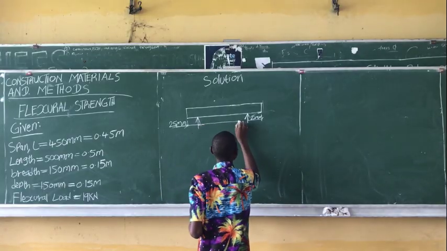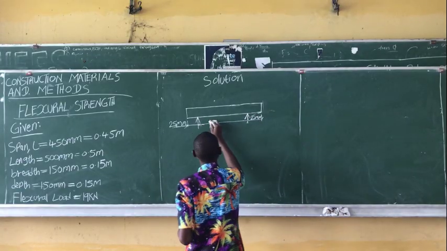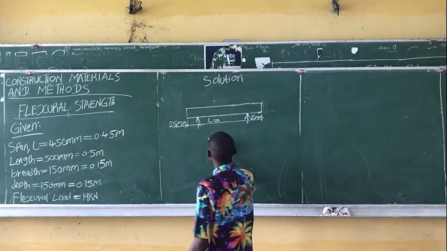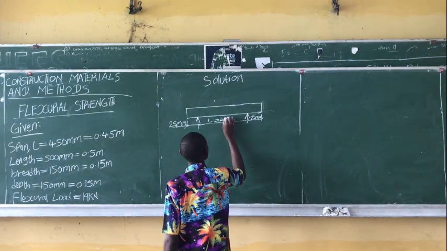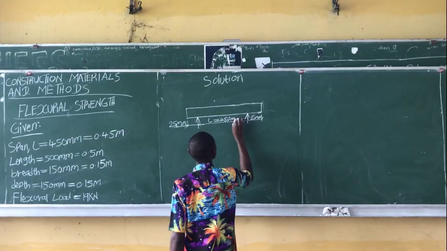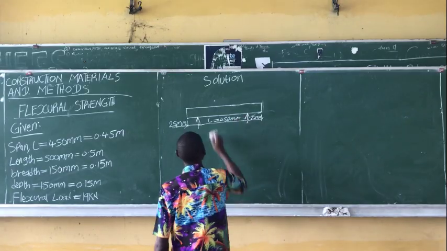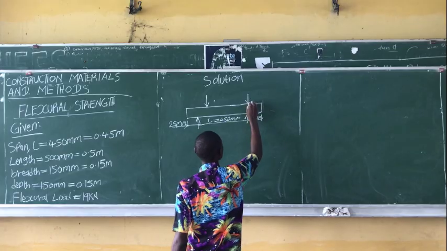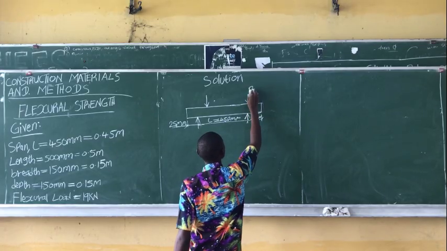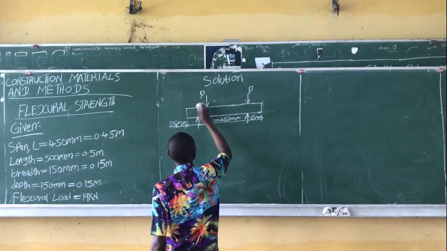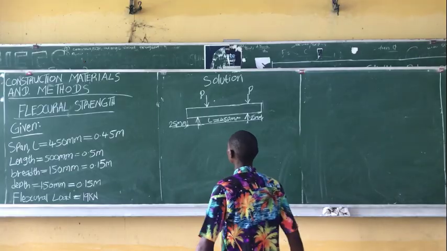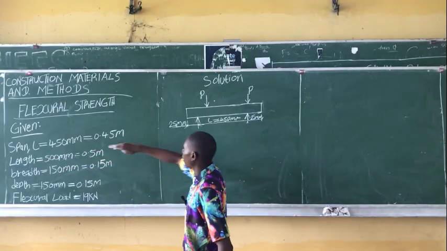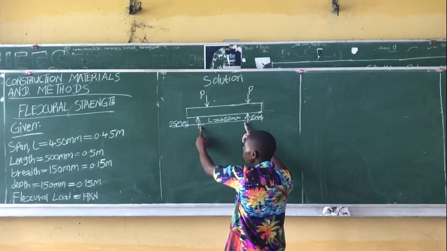And then this is considered as our span L, which in this question is given as 450 millimeters. And then we have two loads using the 3-point method. Okay, this is given as P and this is given as P. So we can see that our span L is 450 millimeters.